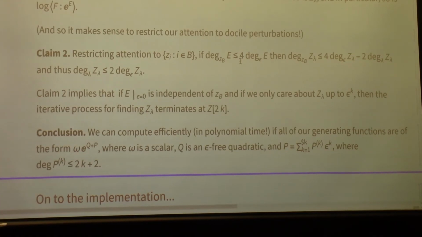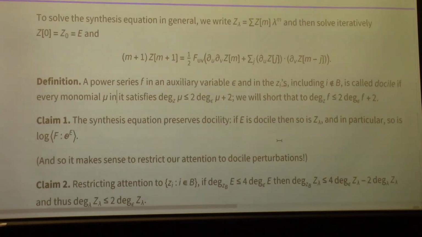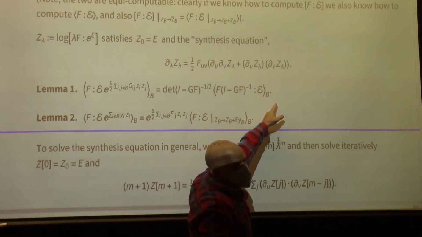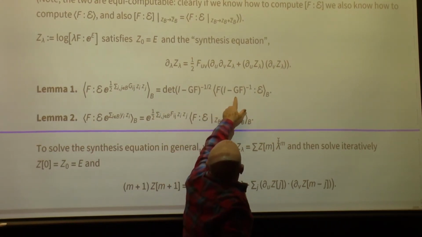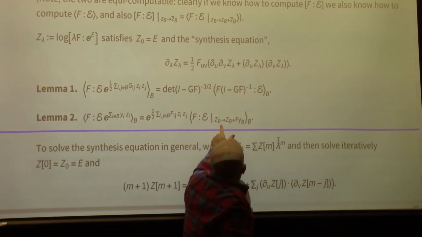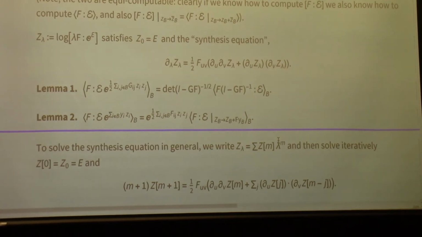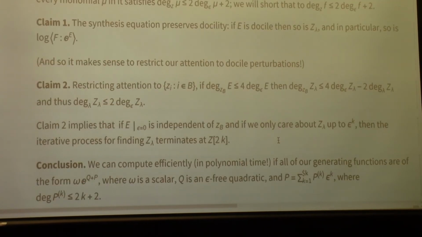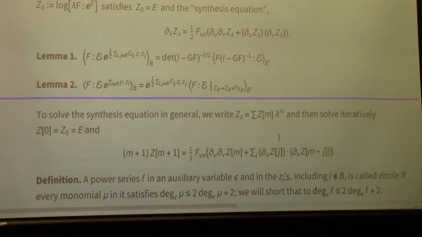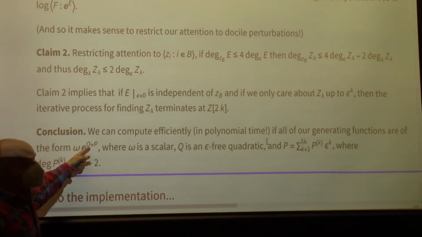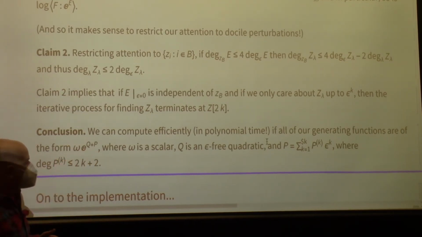And the cost is the computation on the right-hand side, which are just matrix operations and substitutions, so they're relatively easy operations. And then you use the synthesis equation to find the perturbation part of the output.